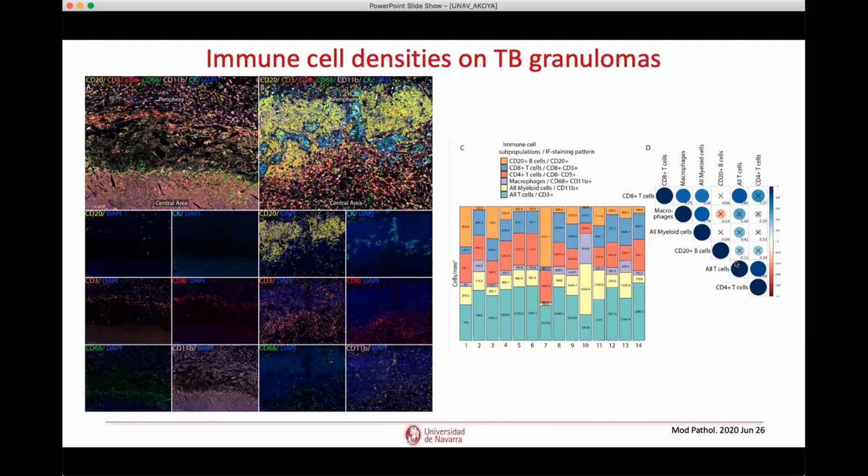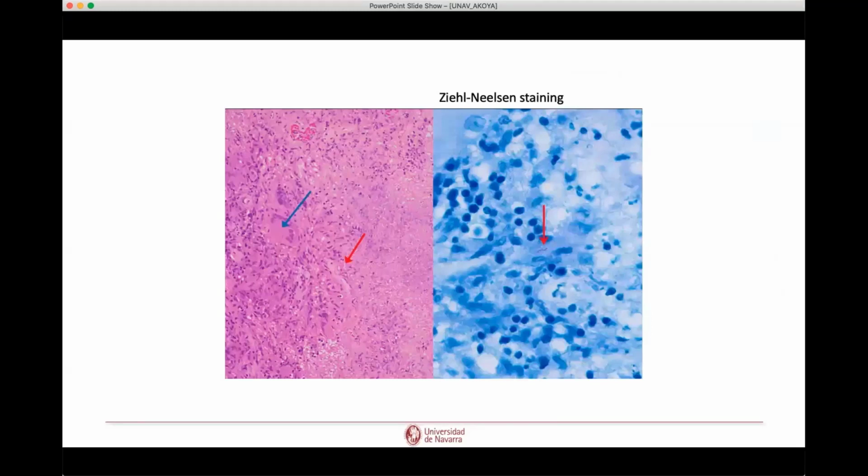Once you have all the cell densities, you can run some correlation analysis and see which cell correlates with the other cell. One interesting thing that we found: out of 14 granulomas, we used the Ziehl-Neelsen staining to visualize the mycobacterium and to classify whether the mycobacterium was present, yes or no, in the tissue that we later stained with our multiplex panel.